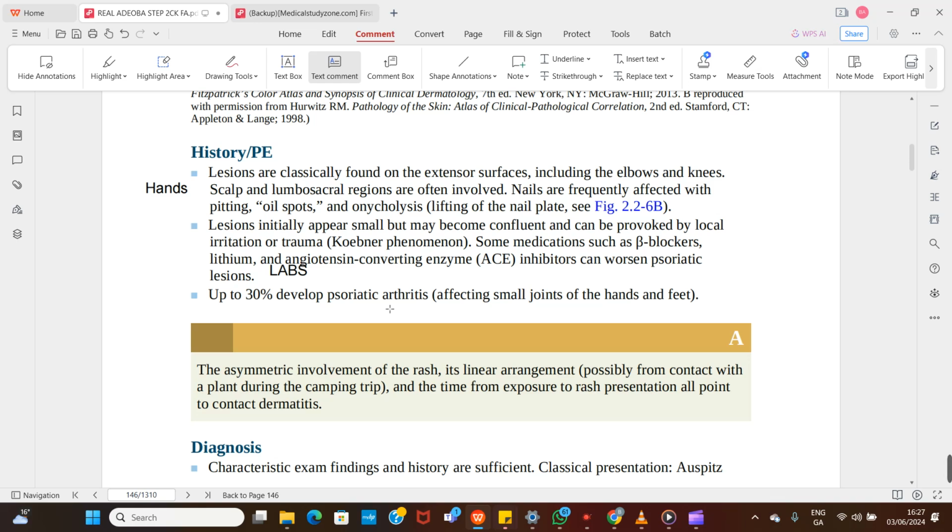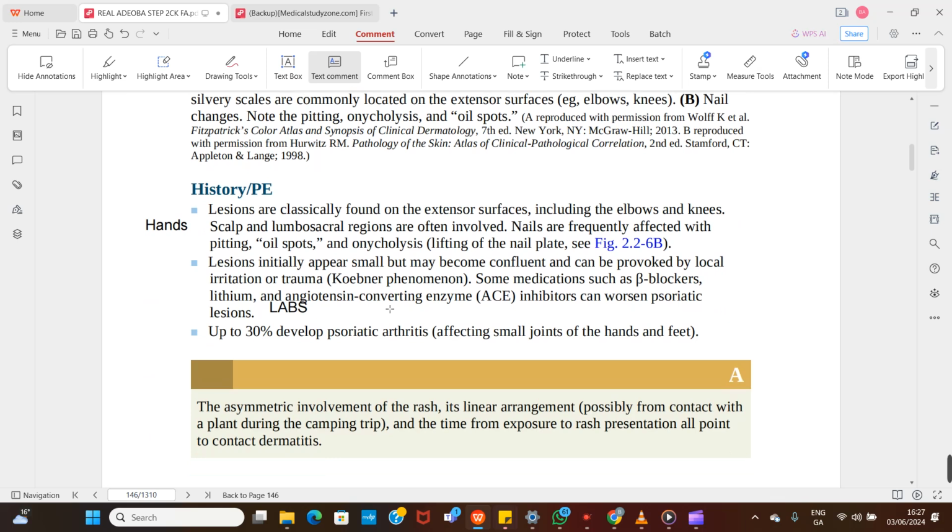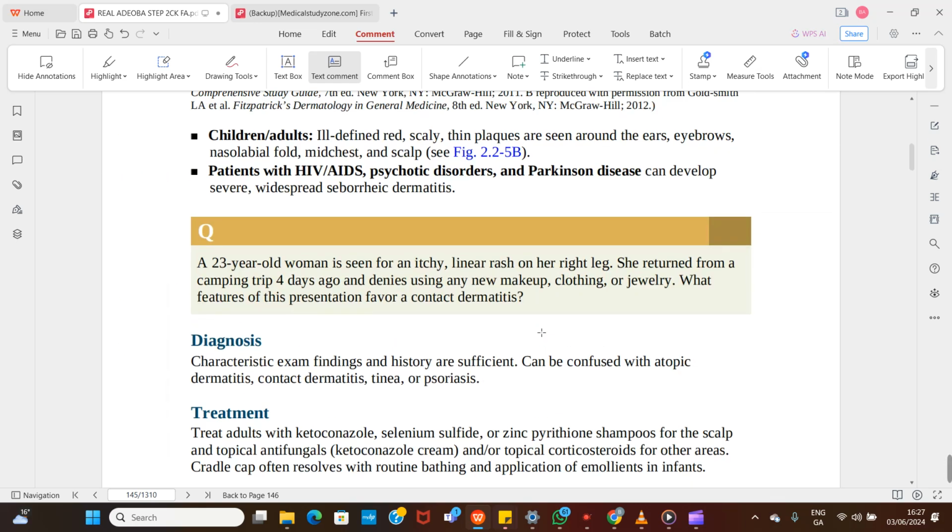Yeah, we cannot talk about psoriasis and not talk about psoriatic arthritis, which is arthritis affecting the small joints of the hands and the feet, right?